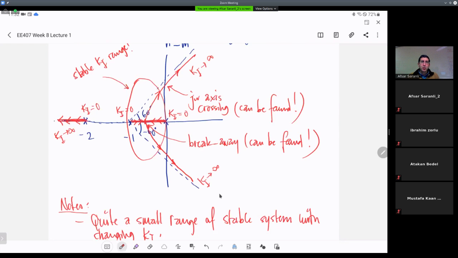Okay, so you usually would like to have one asymptote or two asymptotes. Whenever you have 3 asymptotes, usually you have a picture like this, meaning that you have restricted gain range for which the system is stable, and plus you will be more or less constrained very near the j omega axis, which implies a not so great settling time. Okay? Any questions so far?